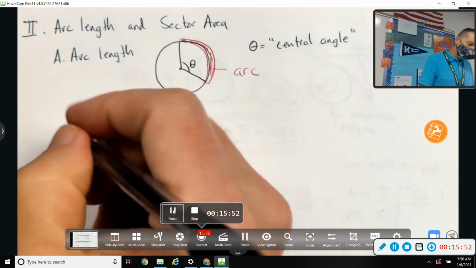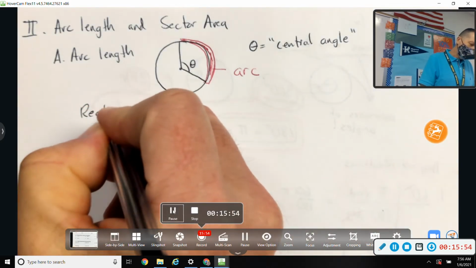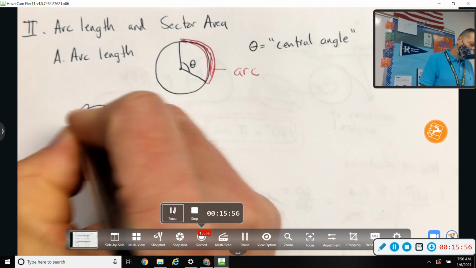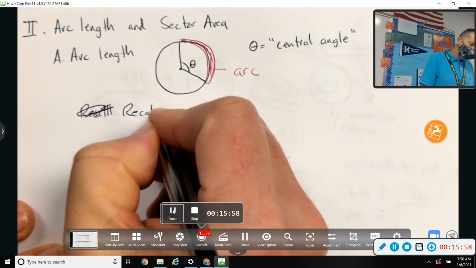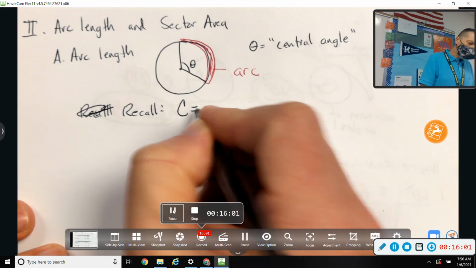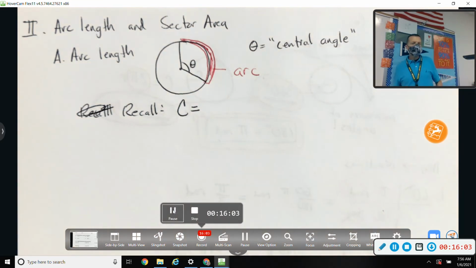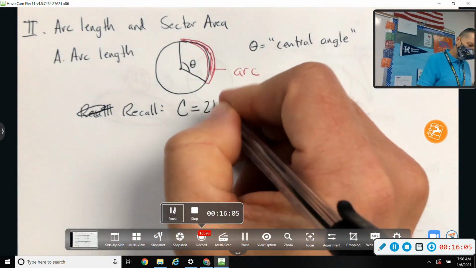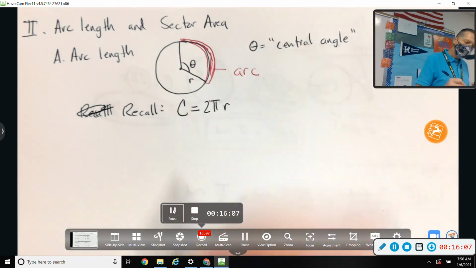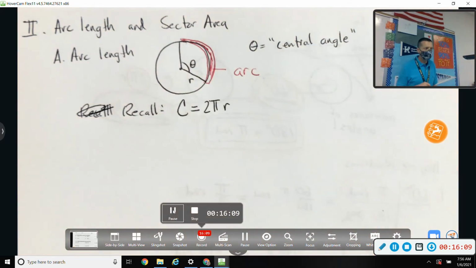Let's start with the one we know. Recall, the circumference is 2 pi r. Well, that's a special case of an arc length. That's an arc length all the way around the circle. That's a familiar one.